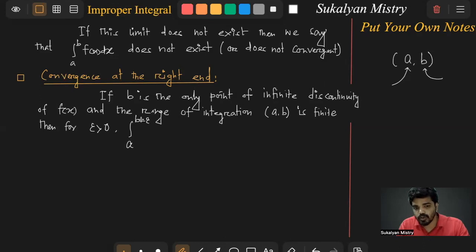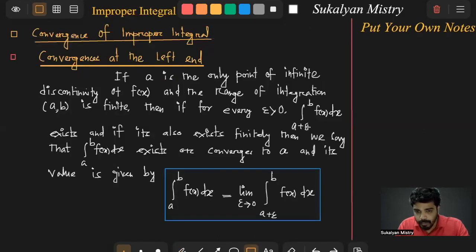Look, a to b minus epsilon, b is the right end point. So integration a to b minus epsilon. The previous one was integration a plus epsilon to b, because there a is the point of discontinuity.